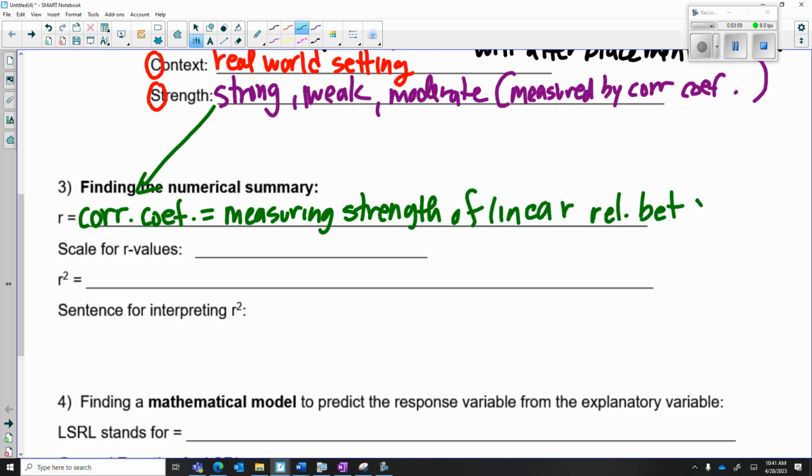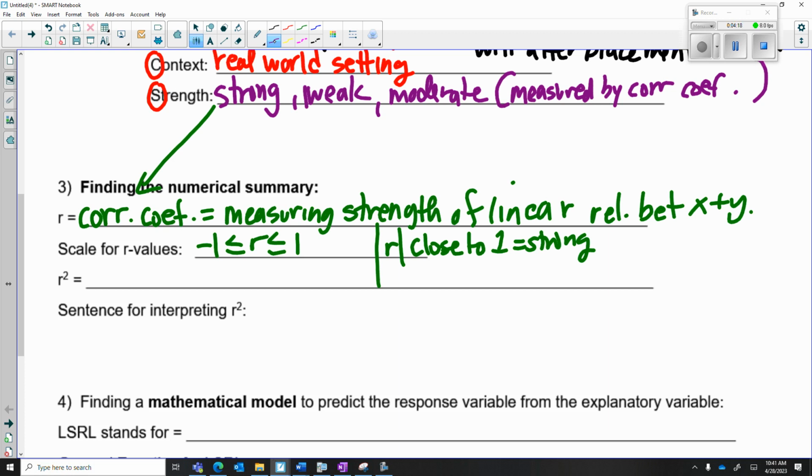The scale that we use for this is -1 to +1. If the absolute value of r is close to 1, we call it strong. If the absolute value of r is close to 0, we call it weak.